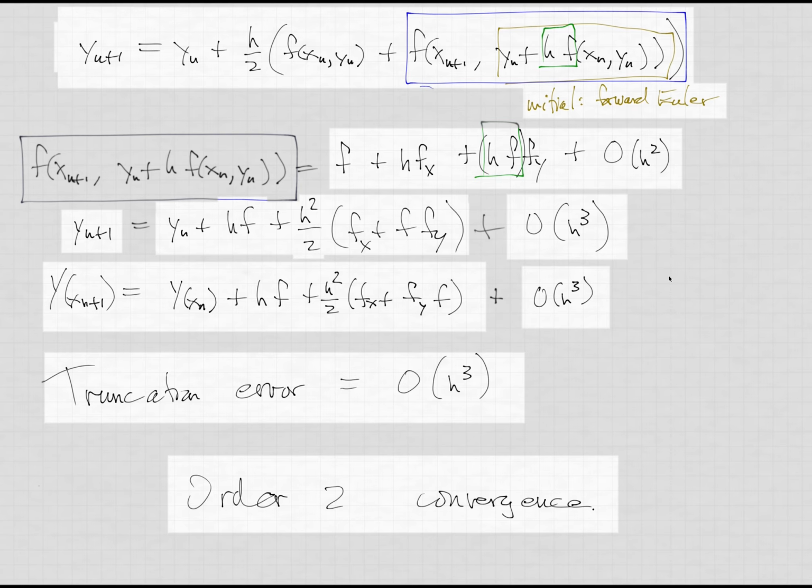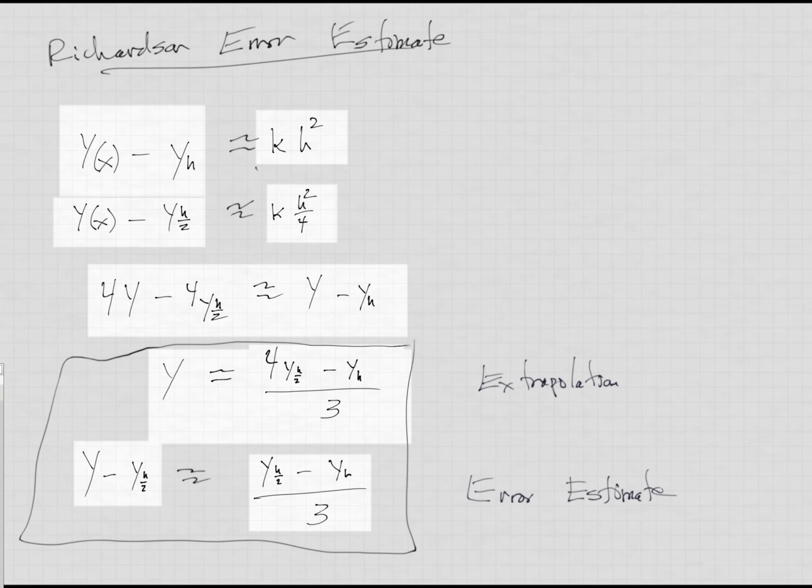Okay. One other thing that's worth pointing out. Now we know that the trapezoidal method converges with order h squared, that the error is of order h squared. We can apply the Richardson error estimate that we've used in various guises.